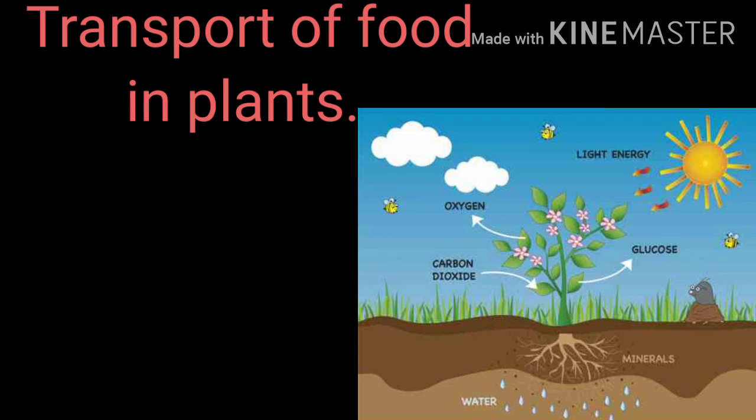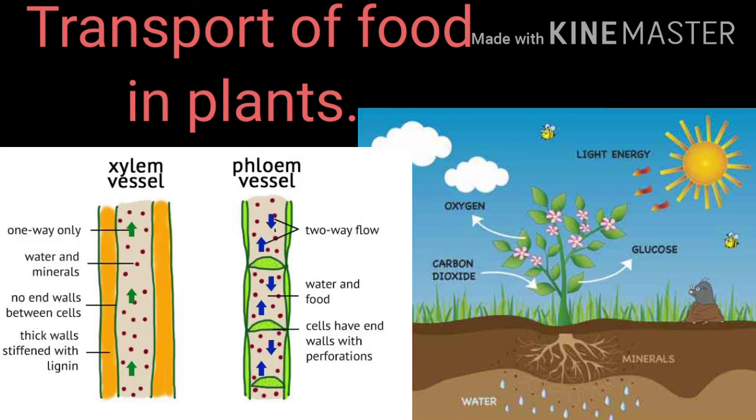Just like we store excess glucose in the form of glycogen in our muscles and liver. So similar to that. This transportation of food in plants is carried out in both directions, that is upward as well as downward, by the phloem, and this process is known as translocation.